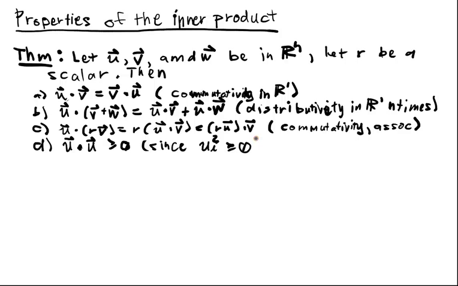And if I sum a bunch of squares that are greater than or equal to 0, then I get something that's greater than or equal to 0. And also we can kind of see this from the cosine definition, right? The cosine between U and U is going to be 1 because the angle is 0, right? Cosine of 0 is 1. So this will be positive because it'll end up being a squared length. And we'll talk about that in just a second.